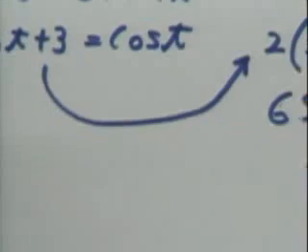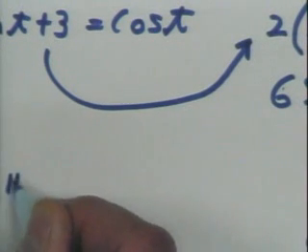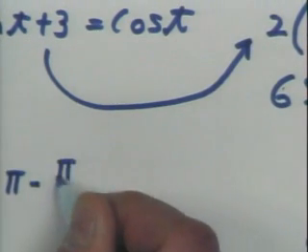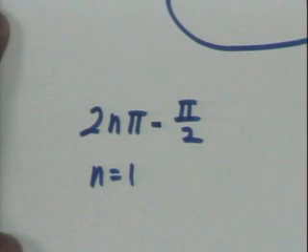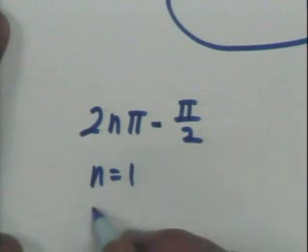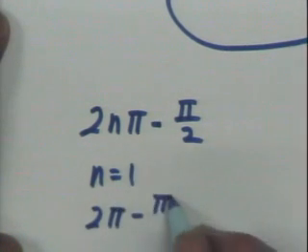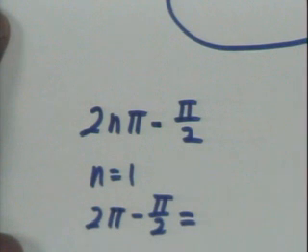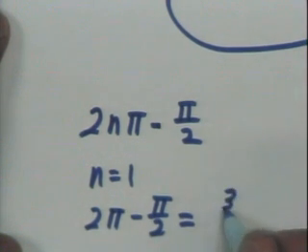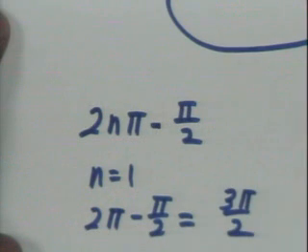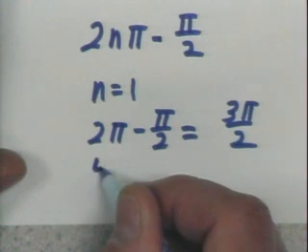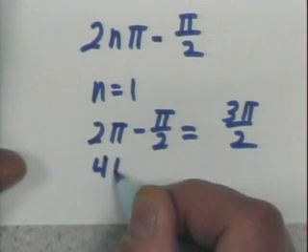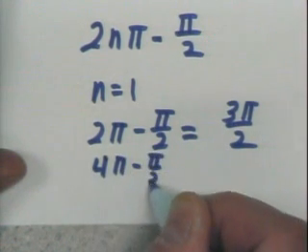But if you have 2n pi minus pi over 2, what if you let n equal 1? Then you get 2 pi minus pi over 2, which is 3 pi over 2. Now if you let n equal 2, you get 4 pi minus pi over 2.